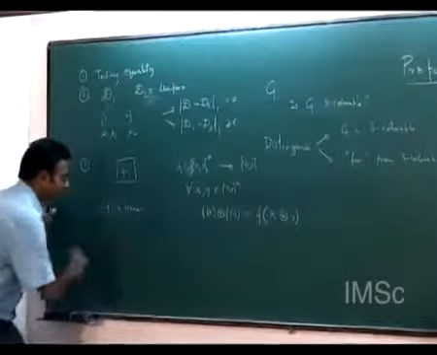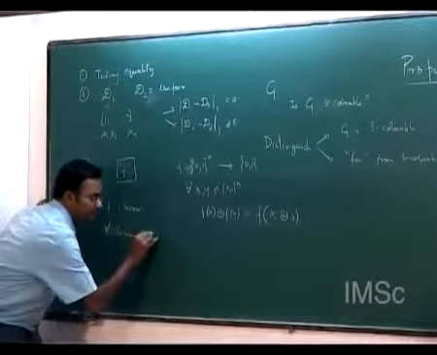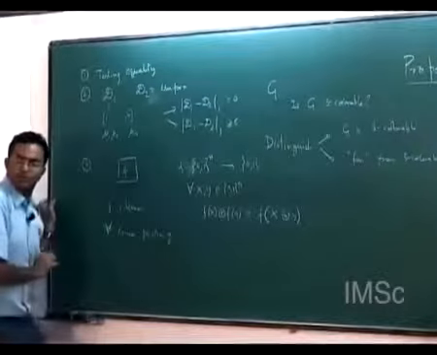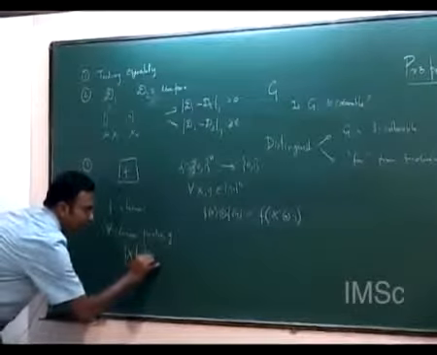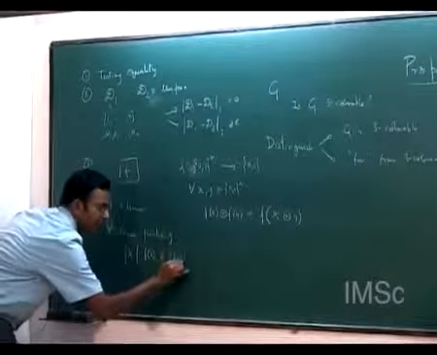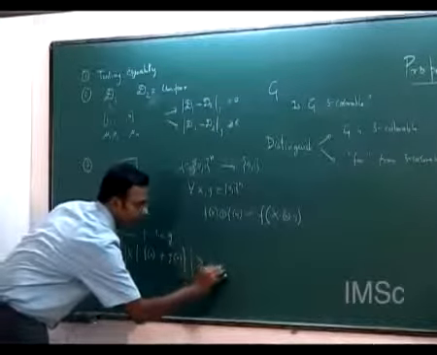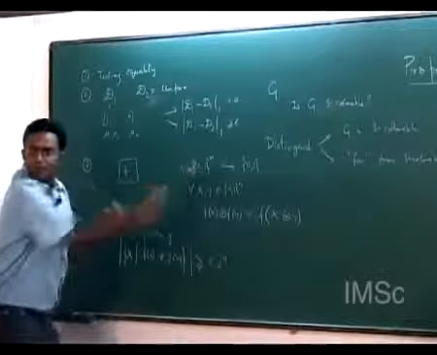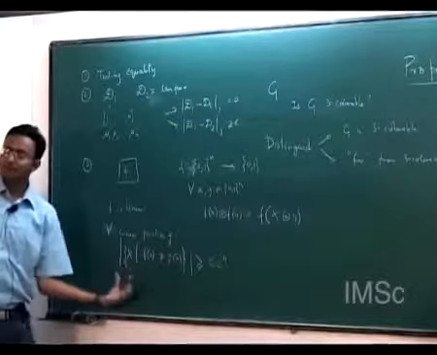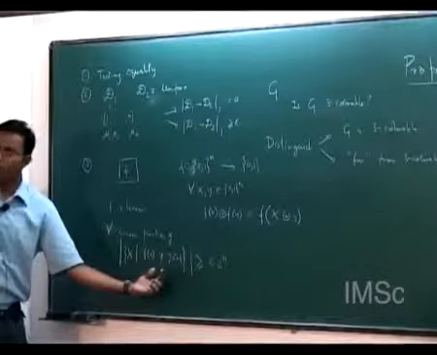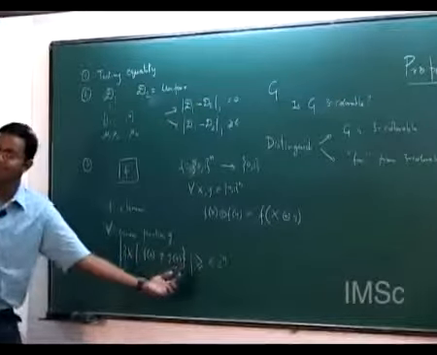Another way of looking at it is that for all linear functions g, the number of x's such that f of x is not equal to g of x should be more than epsilon times 2 to the n, where 2 to the n is the total number of values the function can take. So f from any linear function, or in other words the closest linear function in particular, must be off by at least an epsilon fraction.